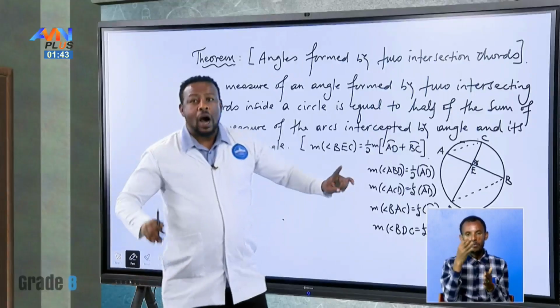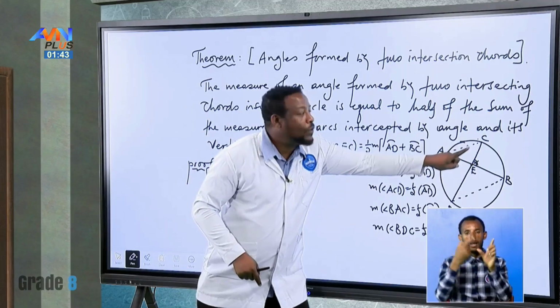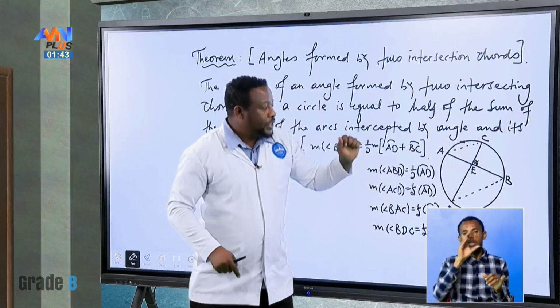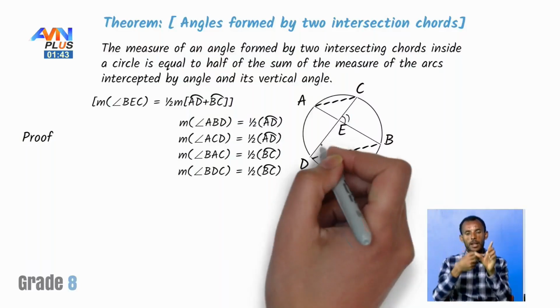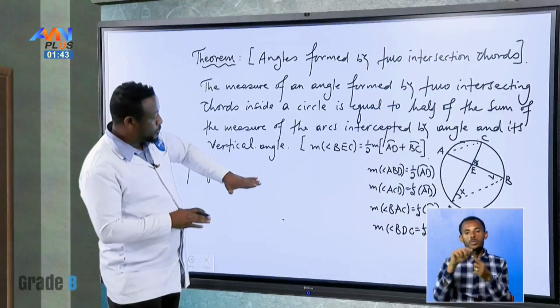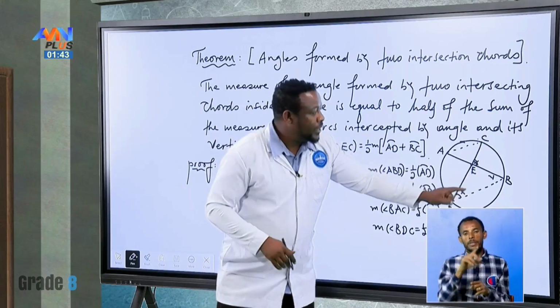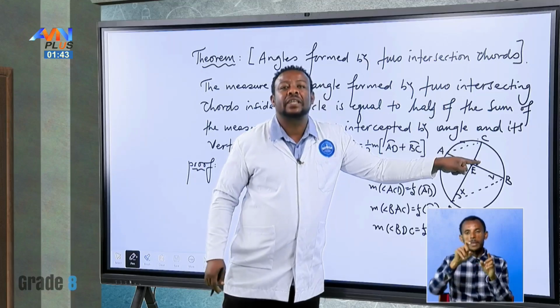Our objective is to prove this angle is half of the degree measure of BC and AD, right? So consider this angle X and this angle Y. Then the sum of these two angles must give us this exterior angle.